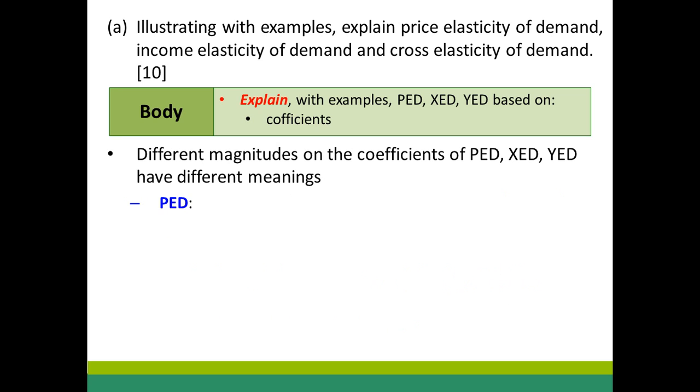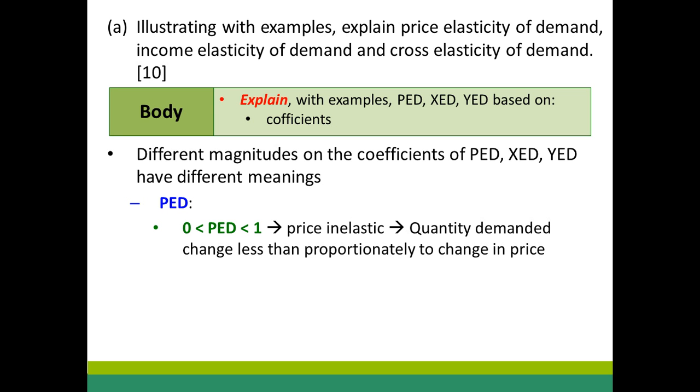After we talk about the signs, then we want to talk about the coefficients of PED, XED and YED. Okay? And different magnitudes on the coefficients would have very different meanings. For example, for PED, we generally denote two regions in magnitude.